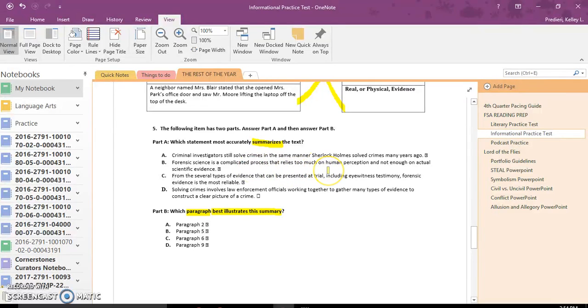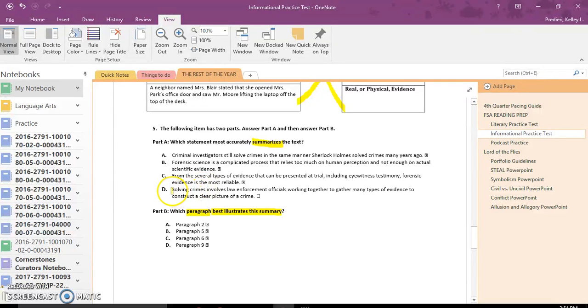Where it is mentioned, they do talk about human perception a little bit. However, scientific evidence is the main component of forensic science, so that's just not true at all. C. From several types of evidence that can be presented at trial, including eyewitness testimony, forensic science is the most reliable. Many types of evidence are presented at a trial, including eyewitness testimonies, but this statement does not really summarize the important parts of the entire text, only a little part of it.